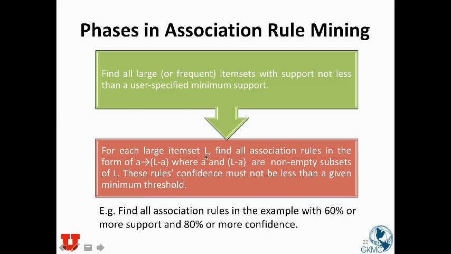So given there's an item set L and we take a part of the items, say A, to be on the left-hand side, the rest of the items on the right-hand side, then we know the items in this rule have support that is higher than the minimum support, and that is what is required for this rule. But we don't know whether the confidence is high enough. That's in this phase, when we calculate the confidence for this rule and for all possible combinations of each item set, for all of the item sets that are generated here.